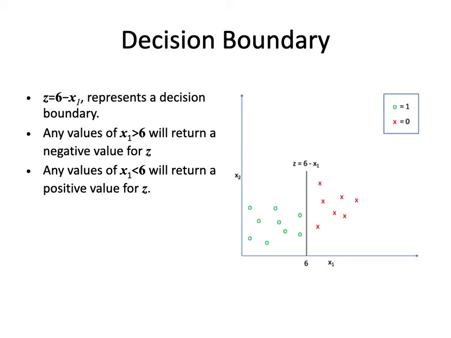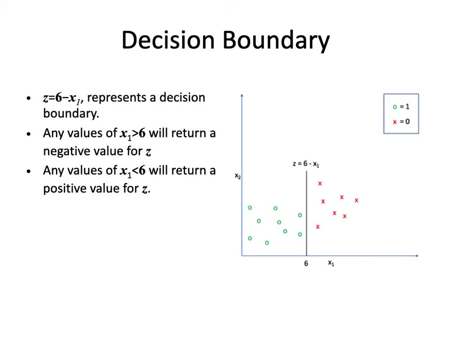So suppose we have this equation of z, which is z is equal to 6 minus x1. This represents a decision boundary, and any value of x1 which is greater than 6 will return a negative value of z, and any value of x1 less than 6 will return a positive value of z.